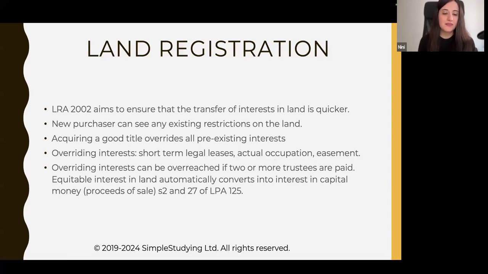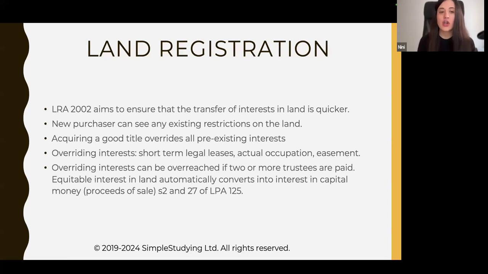This is basically an interest in land that survives the change of ownership. So imagine you have a lease and the owner of the property changed. Can they just cancel your lease? If it's a legal lease, no, they can't, because it's an overriding interest and it survives the change of ownership.